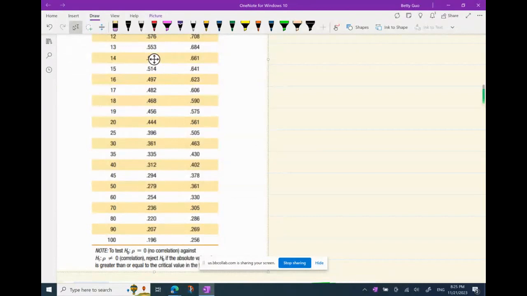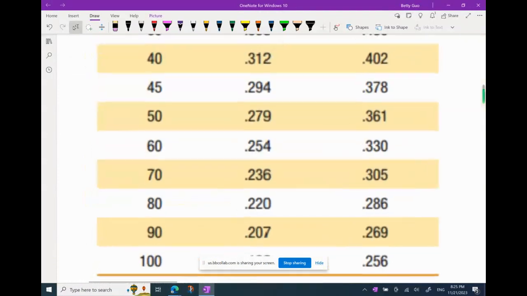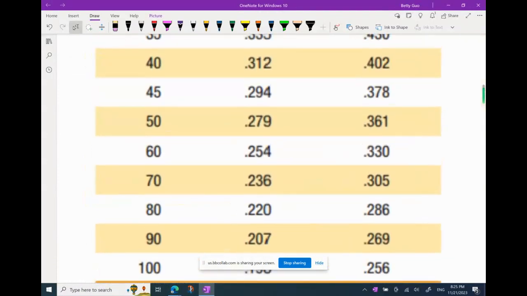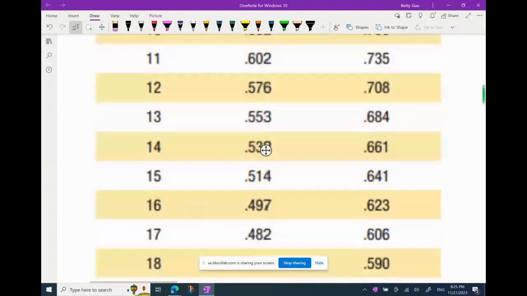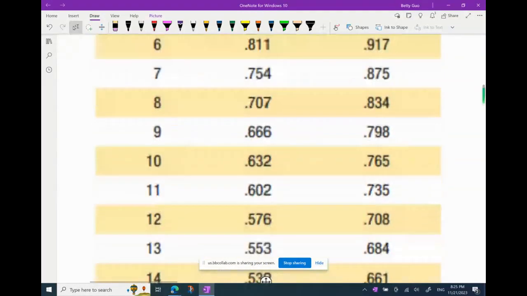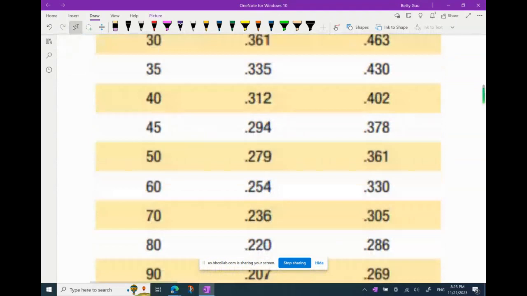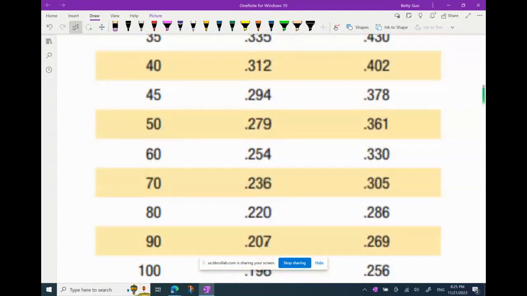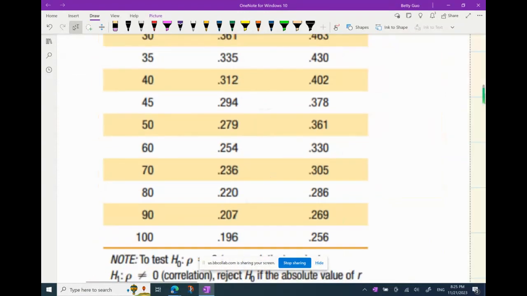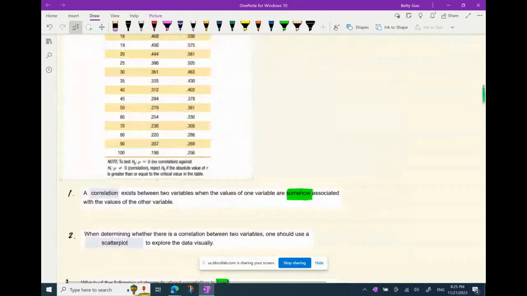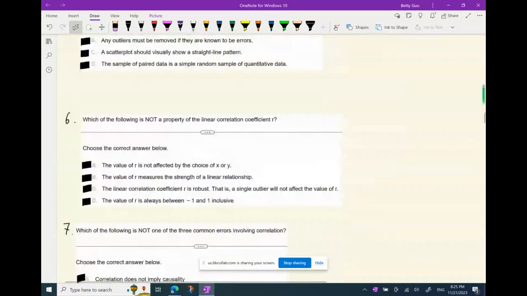5% is the column in the middle. For 62, we have 60, right? And then we can only use the 60. So 0.254. Do you see that? When the sample size n equals 60, pretty close to 62, and alpha equals 5%, the critical values are positive and negative 0.254. Let's remember that.